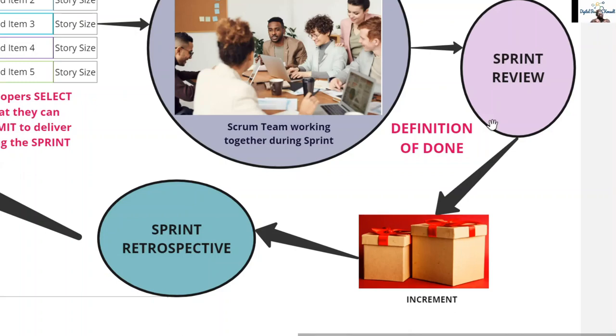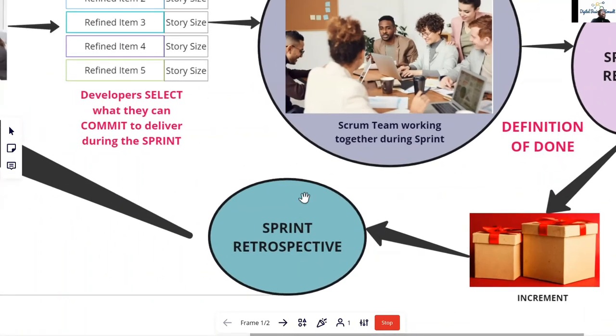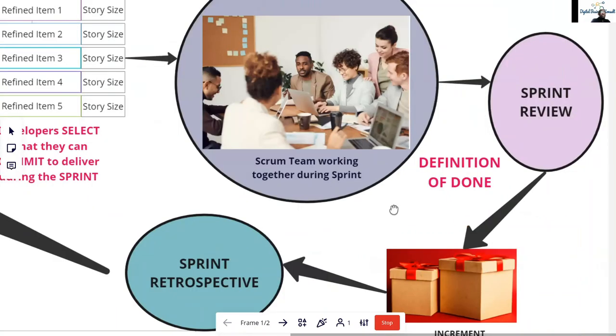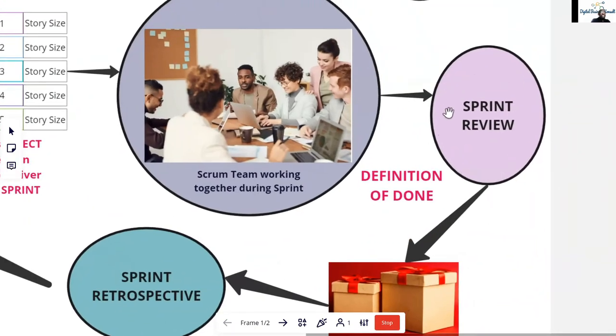But the Scrum team will now go and continue with a meeting, which we call the sprint retrospective. The sprint review, take note, consists of the team and the stakeholders, the users of your product, the customer that will use your product. All those are involved in the sprint review.